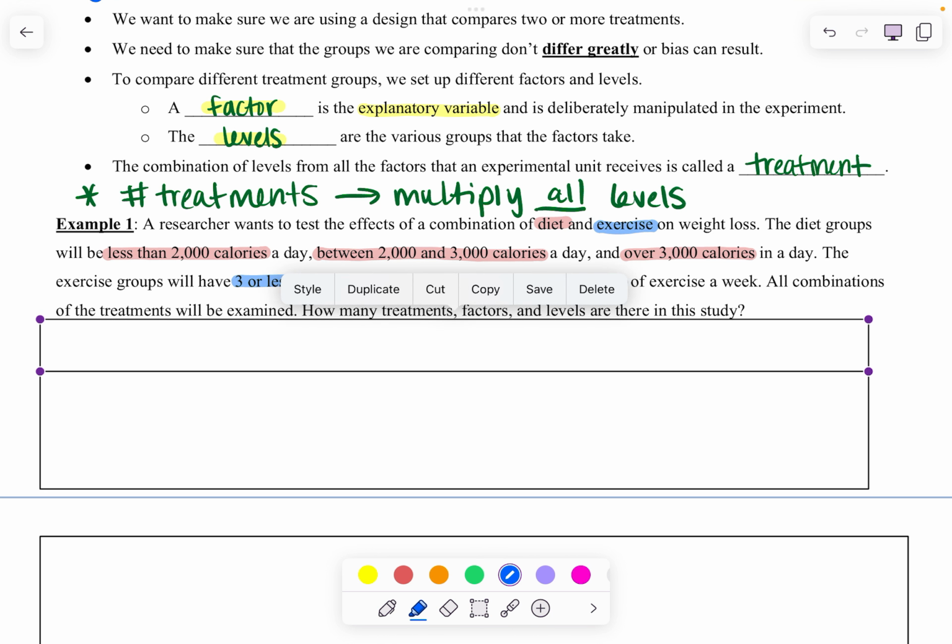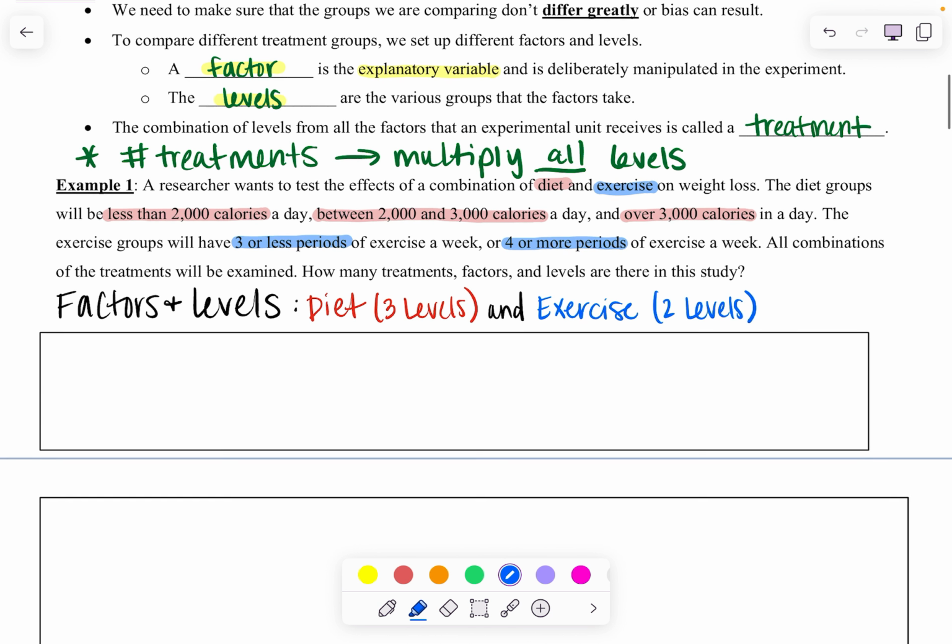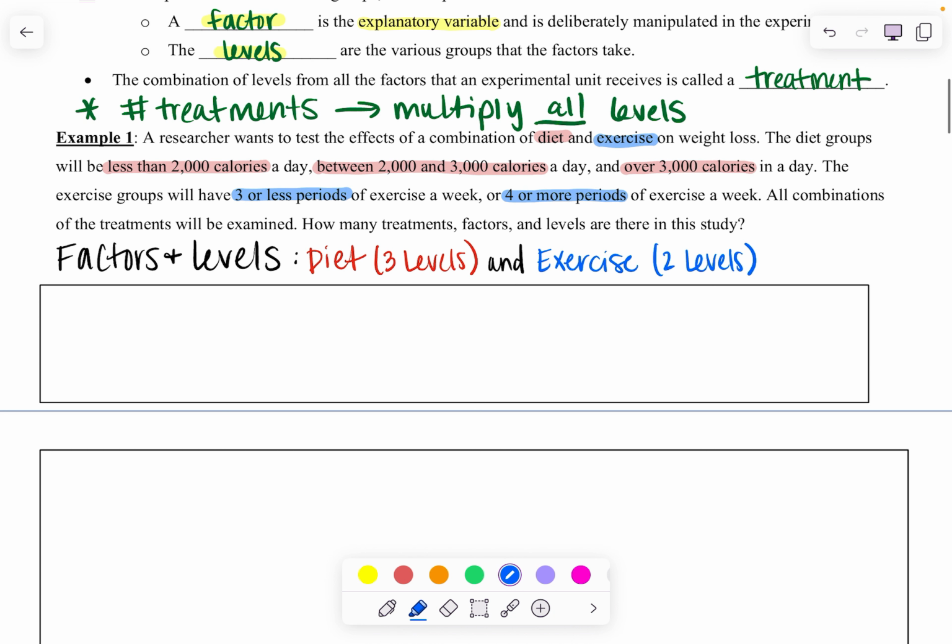To describe this, I'm going to go in and say my factors and my levels. But the one thing I want to point out in this question, don't feel like you're going to have to write what's not uncovered yet. I'm not going to make you. This question only asked us how many of each one. So I have my 2 factors. I identified how many levels each factor had.